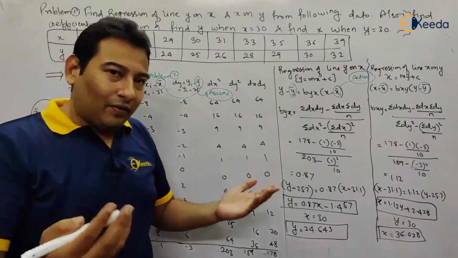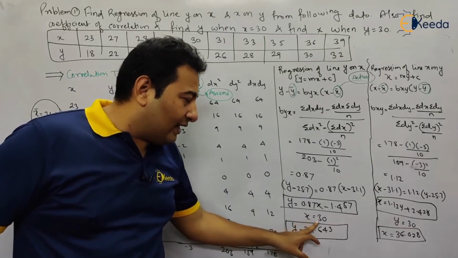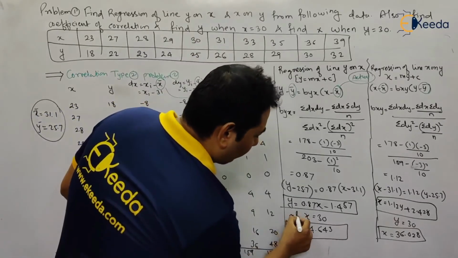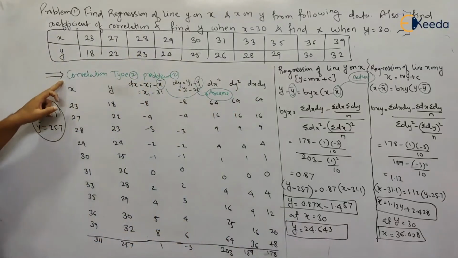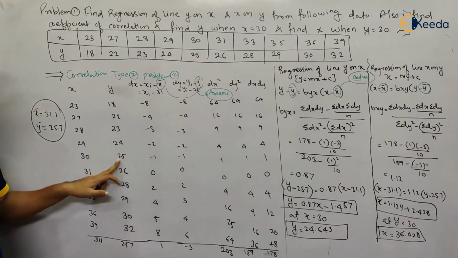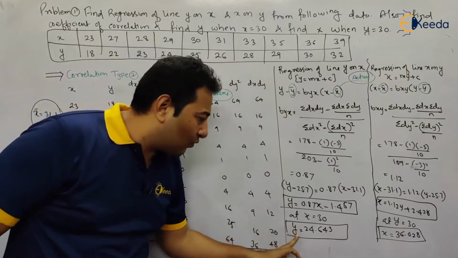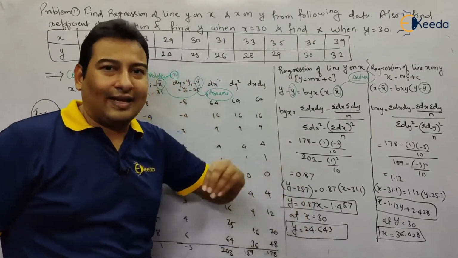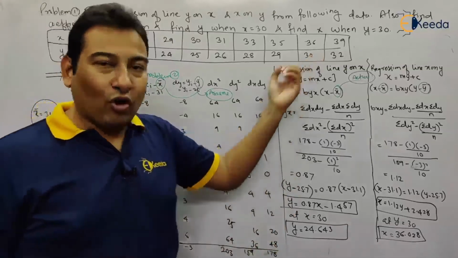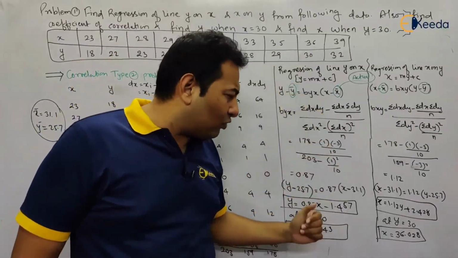If you want to verify, you can verify. See here, at x equal to 30, y is equal to 25. So obviously this is closer to 25, approximately 25. We will not get the exact figure because the answer is in decimals, but yes, we are almost right.